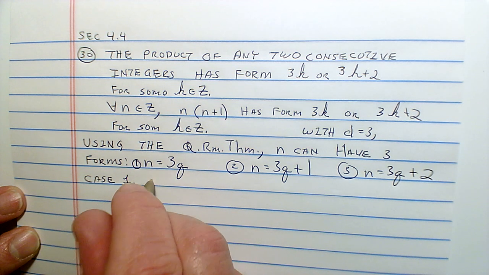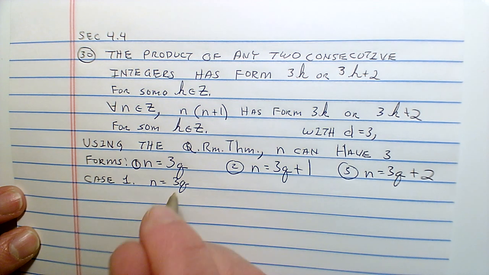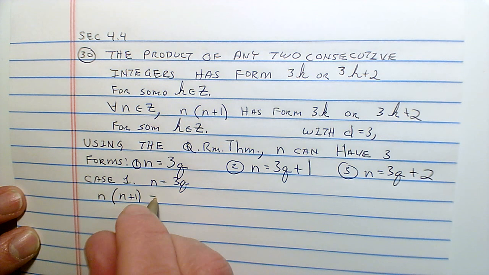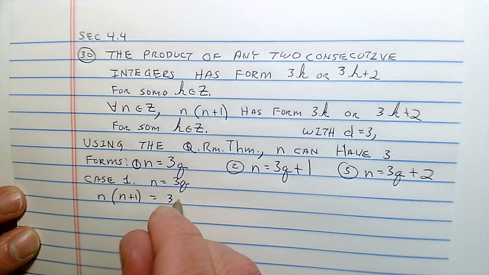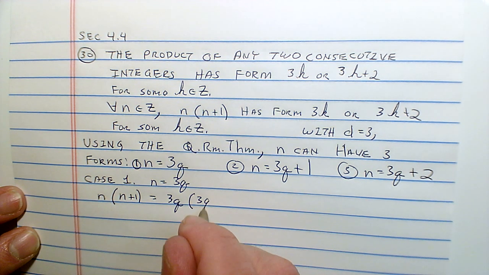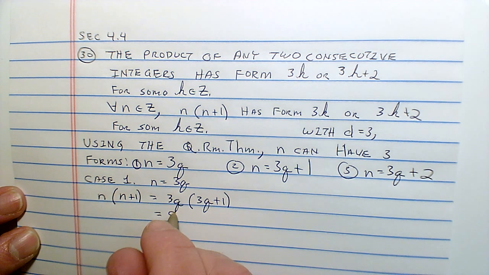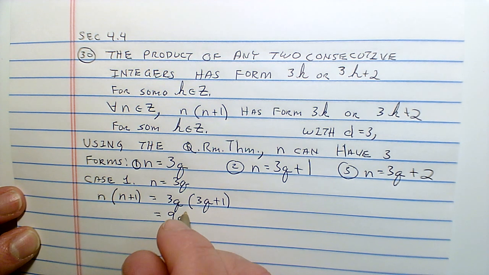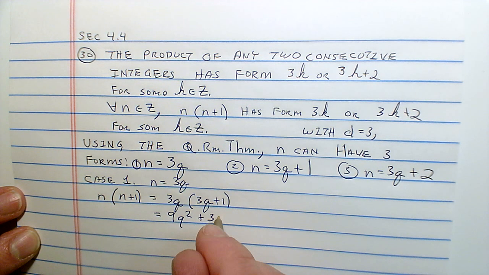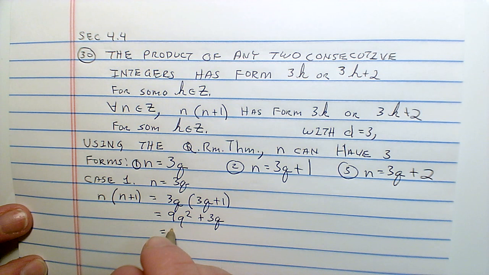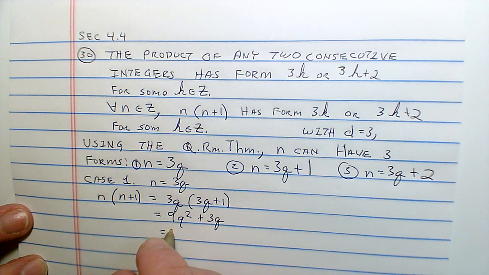In case 1, when n is equal to 3q, n times n plus 1 is going to be 3q times 3q plus 1. If we multiply this out, we get 9q squared plus 3q, and we can see that we have a factor of 3 in common with these two terms.